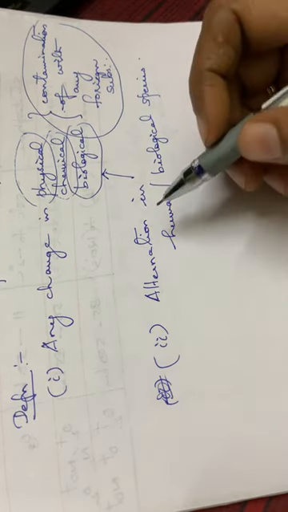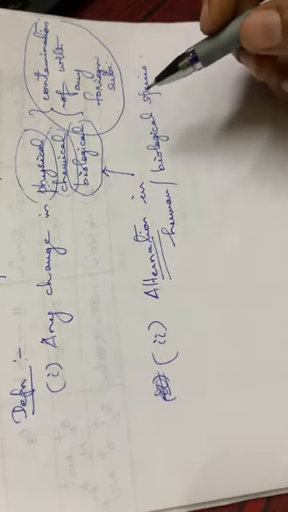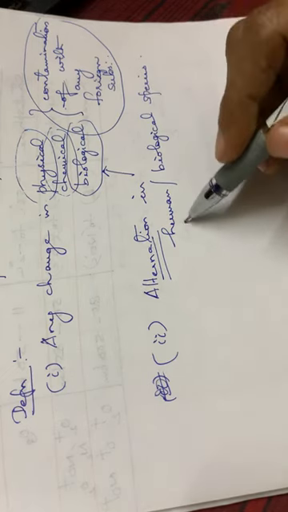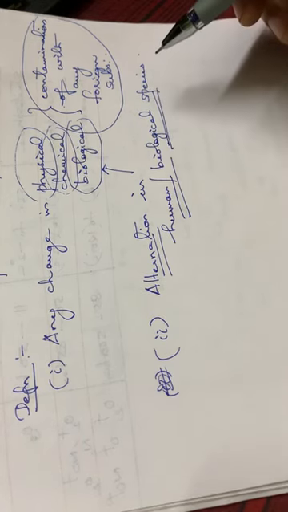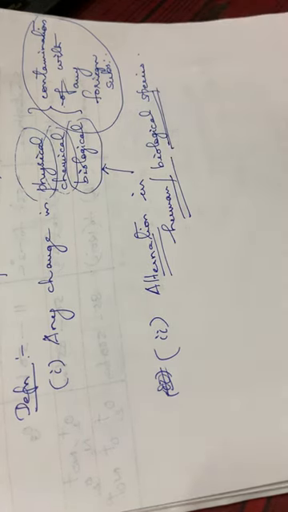That is, any change or alteration in physical, chemical as well as biological properties will be badly affecting humans as well as the biological species present in the water bodies. That is the second definition for water pollution.